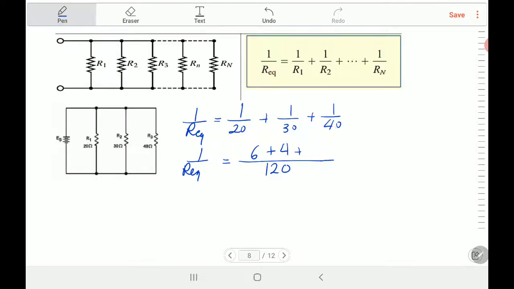And 1 over 40, I multiply it by 3, I got here 3. You don't have to do what I'm doing, you can do it in the calculator the fast way. I just want to finish it. So you have 120 in the denominator, 3 and 4 is 7, 7 and 6 is 13. That's 1 over R equivalent, equal to this. So R equivalent would be the opposite, 120 over 13 ohm. You can simplify it in the calculator.